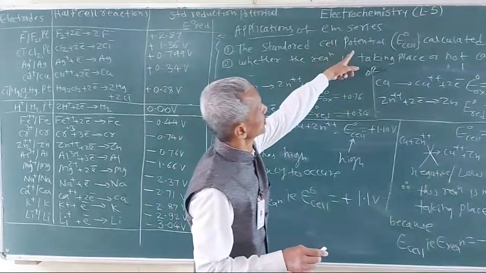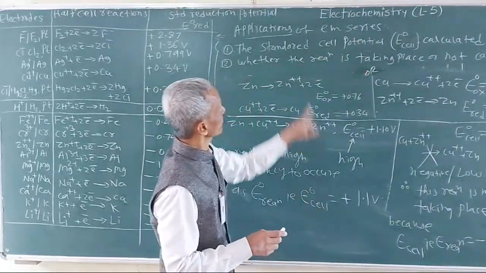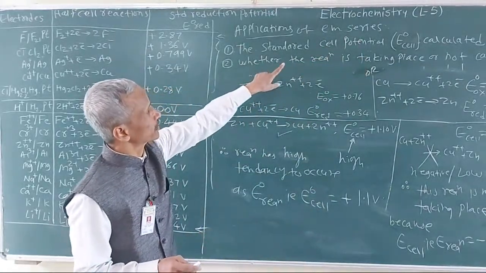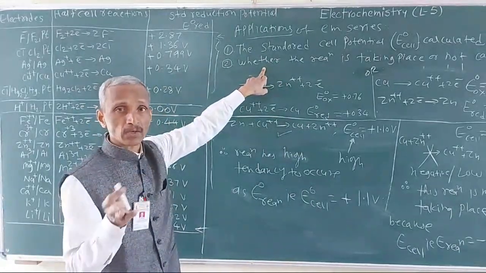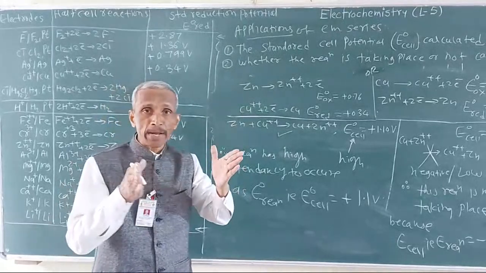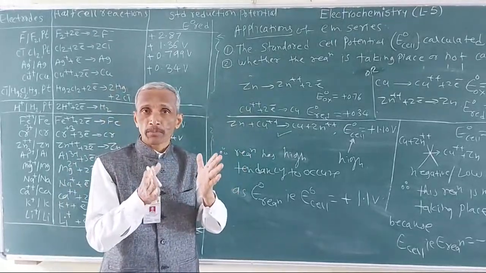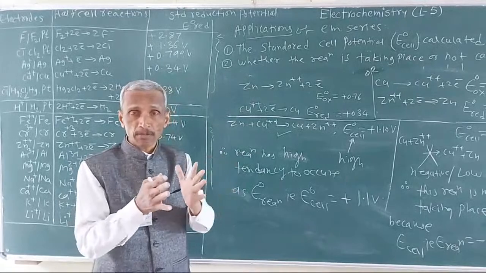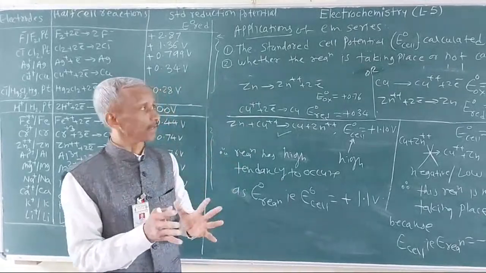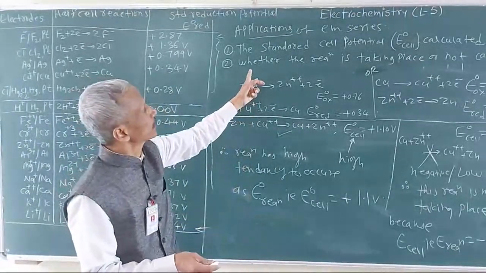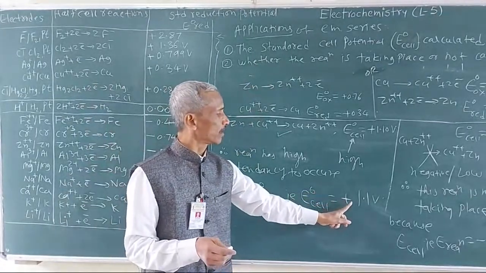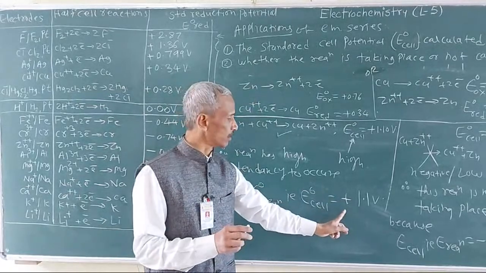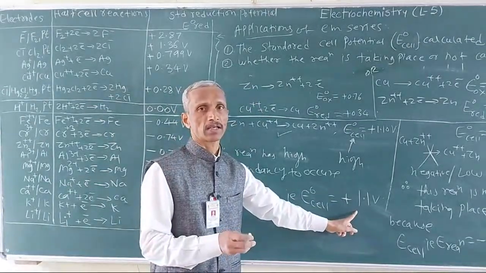Standard cell potential can also be calculated, and on the basis of the standard cell potential for a given redox reaction, for a given electrochemical cell, for a given pair of electrodes, what types of electrodes are joined together can also be determined on the basis of the net standard cell EMF.